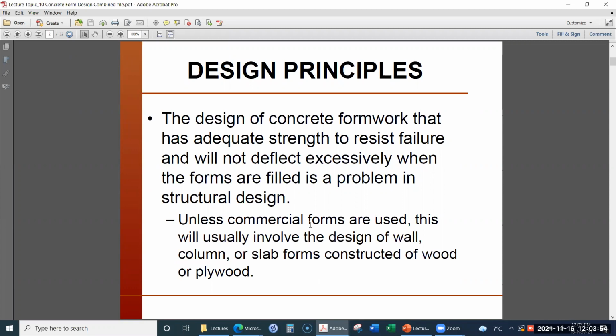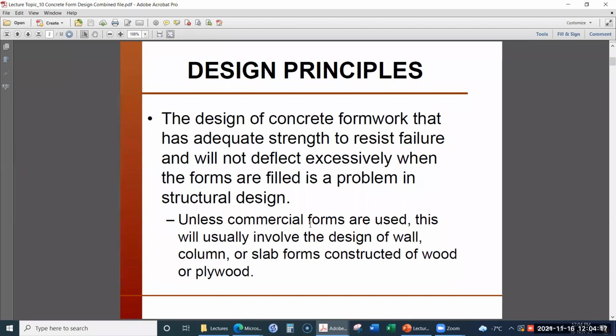However, if those commercially available forms are not available, then in many cases you have to use wood-based formwork. That means formwork made from wood or plywood.